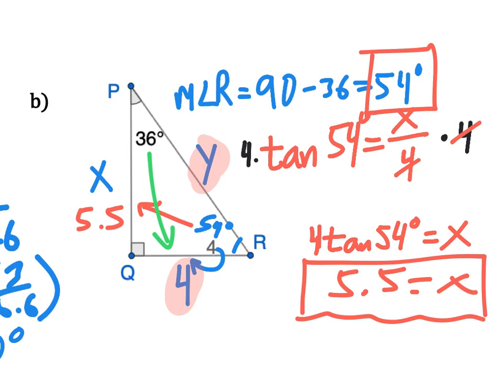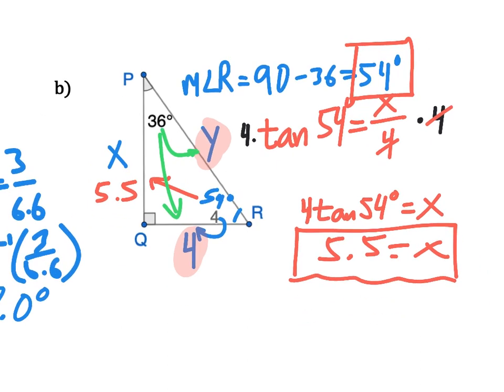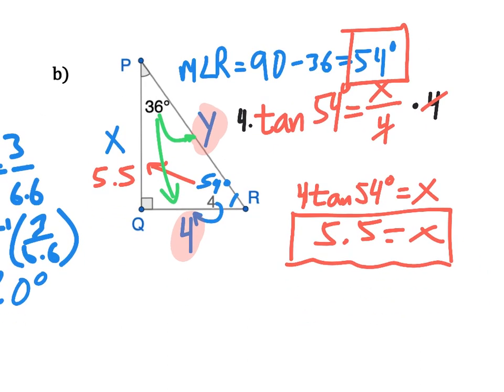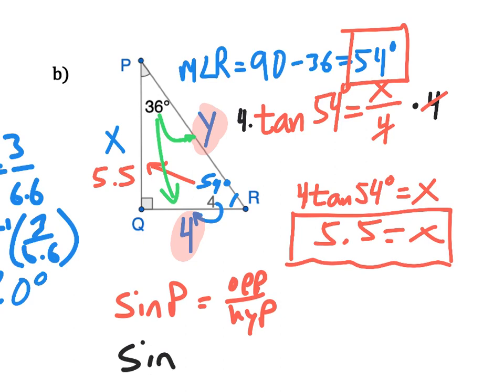The 4 is opposite. And the Y is the hypotenuse. Which one's opposite and hypotenuse? Sine, cosine, or tangent? Opposite and hypotenuse. Ooh, that's right. That's sine. The sine of P is opposite over hypotenuse. So now we got the sine of angle, which is 36.